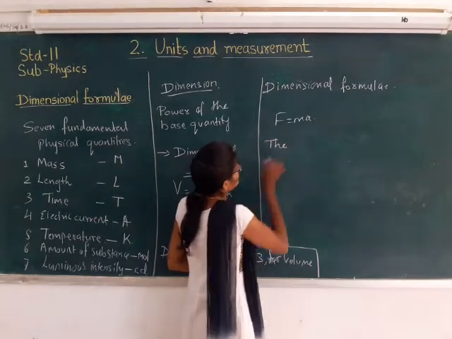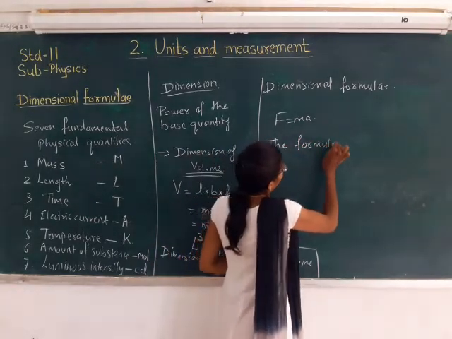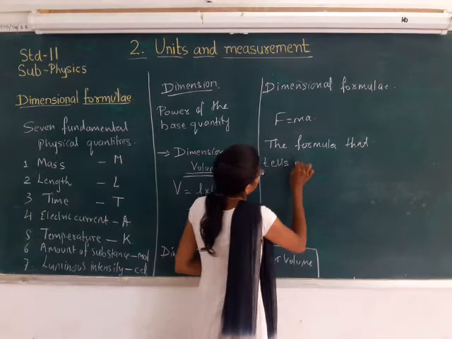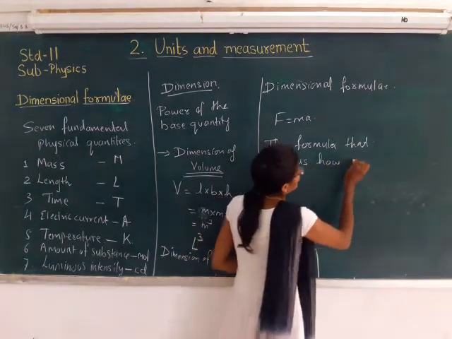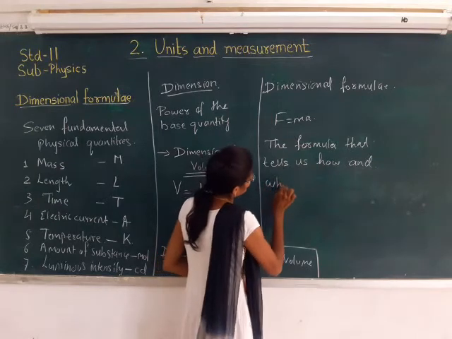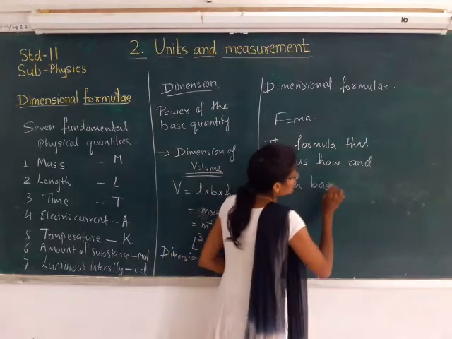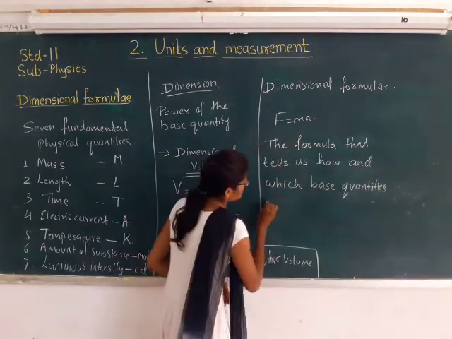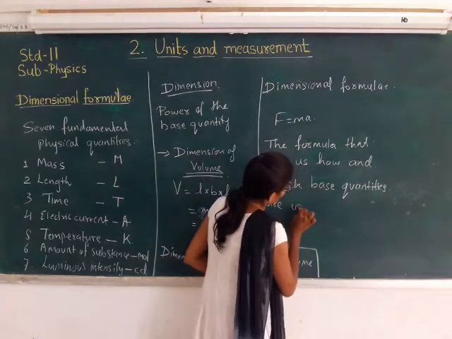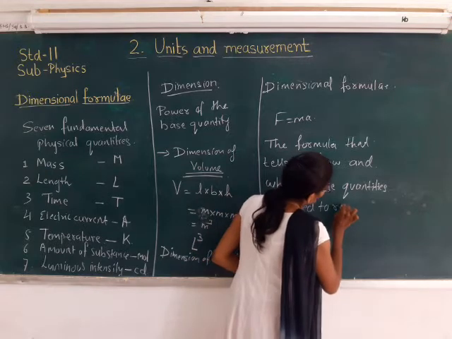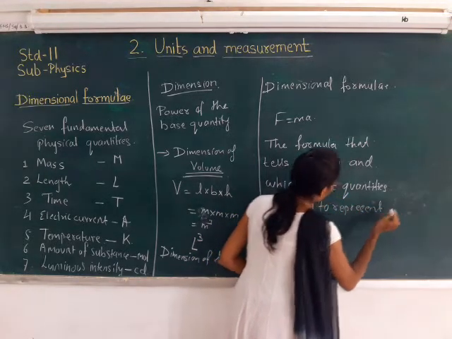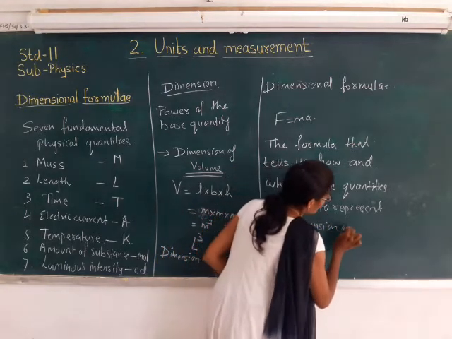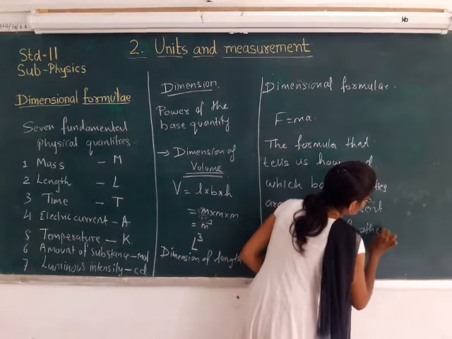Let me write the definition. The formula that tells us how and which base quantities or which physical quantities are used to represent the dimensions of other physical quantities.